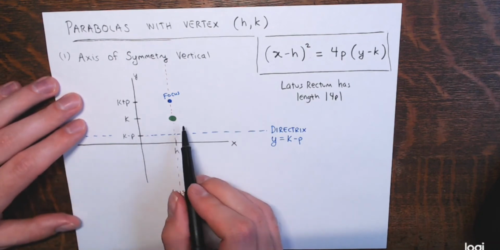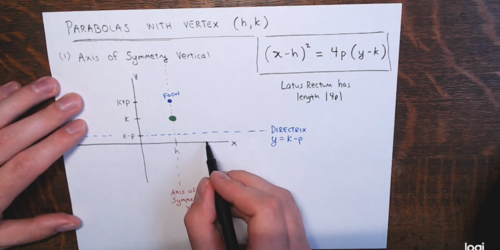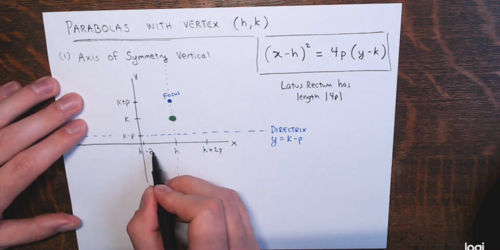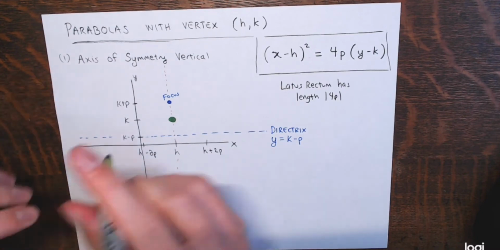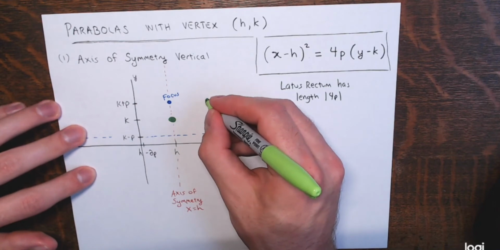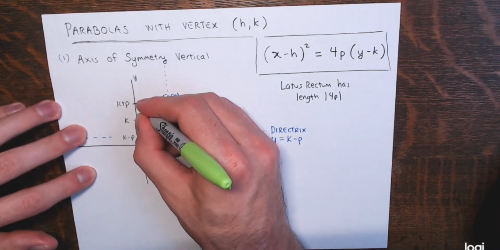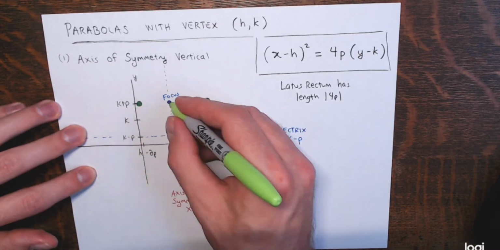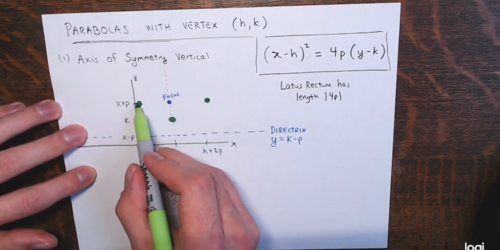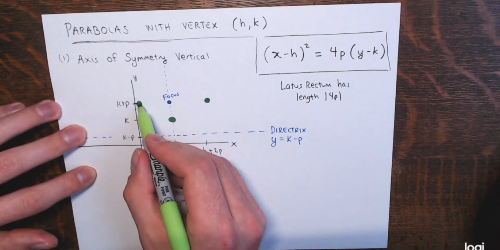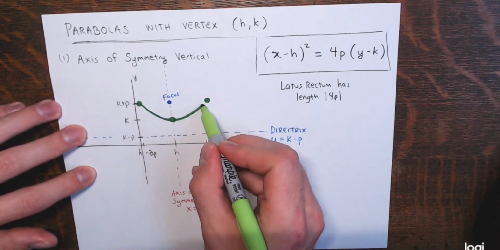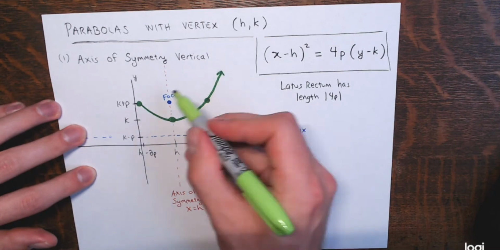I go 2p to the right, h plus 2p, and 2p to the left, h minus 2p, and then draw some points in line with the focus, and those are the ends of the latus rectum: h plus 2p, comma k plus p, and h minus 2p, comma k plus p. And then once you have the vertex and the ends of the latus rectum, you can draw a rough sketch of the parabola.